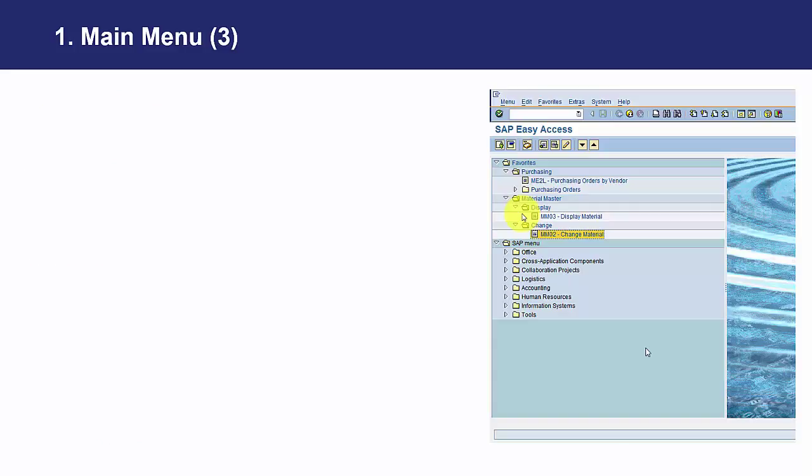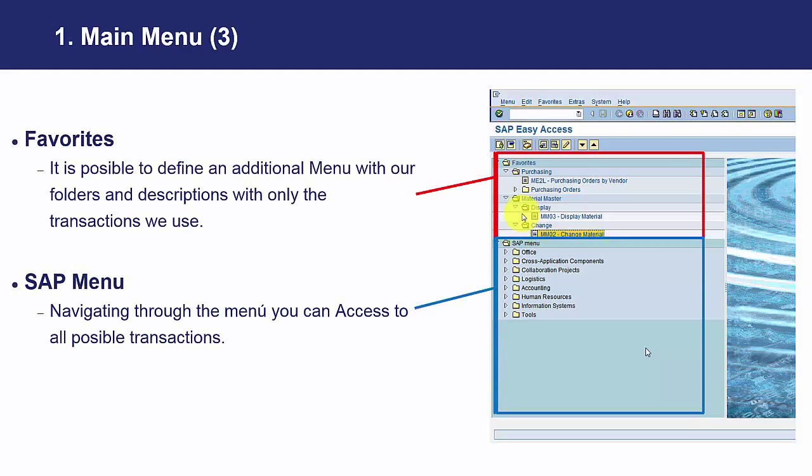So here we see the main menu, and as we have already seen, we have two different parts. One is the favorites, where it is possible to define a personalized, customized menu, where we can enter the transactions we use more usually.